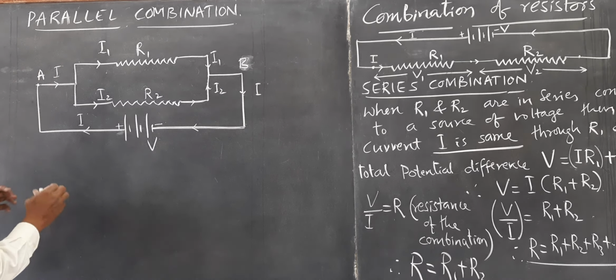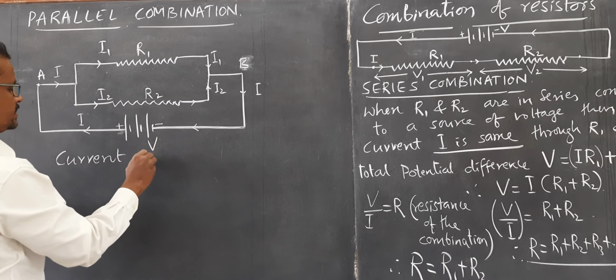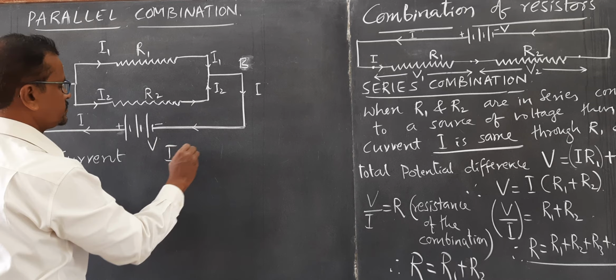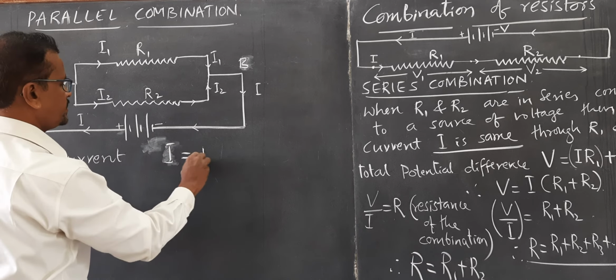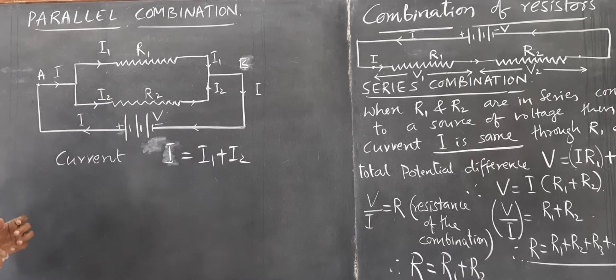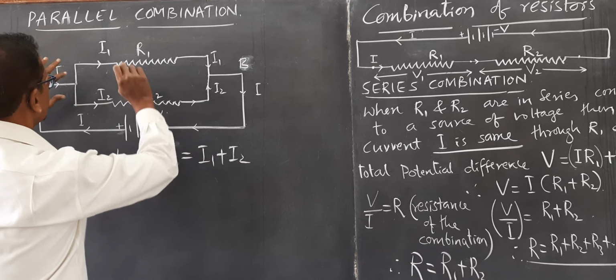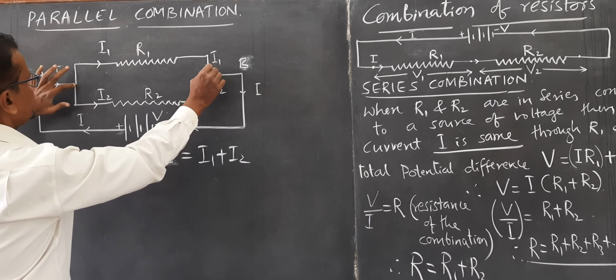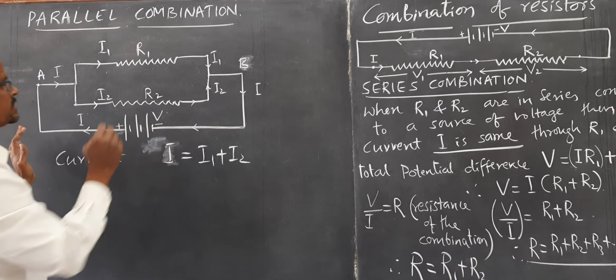So, here the current is divided as I equal to I1 plus I2, and here is the voltage V. What happens? Whatever voltage is there across A and B will be the same across R1 and across R2.